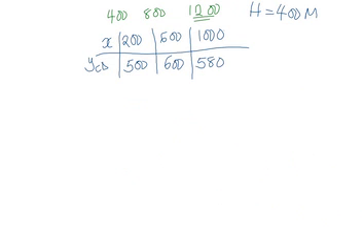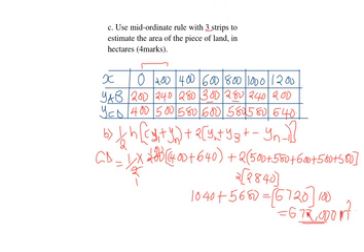We can also get the values of y for these mid ordinates on AB. So on the curve AB, when x was 200, the value of y was 240.